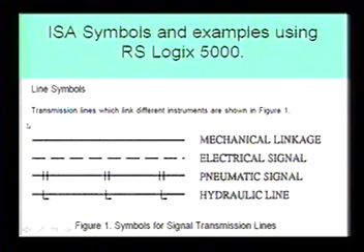There's actually a lot more lines, and this is just a simplified example. There's one that has a line through it and has little circles on it, and that's like a data line, like Modbus communication or some type of serial communication to the DCS. Could be Data Highway Plus, ControlNet, Ethernet, Modbus RS-485, all kinds of different signals.